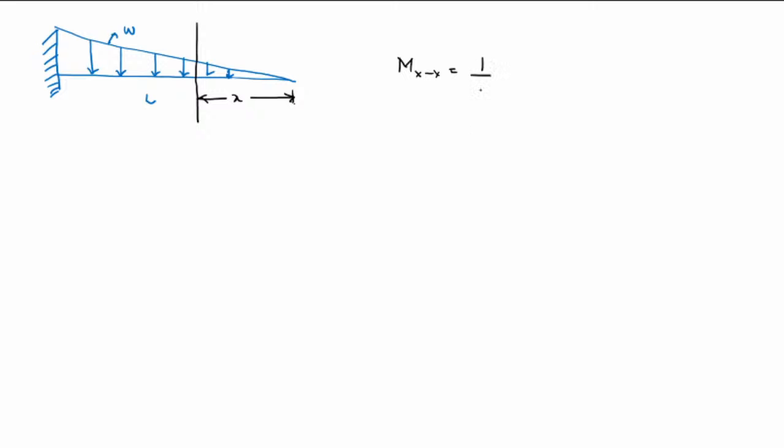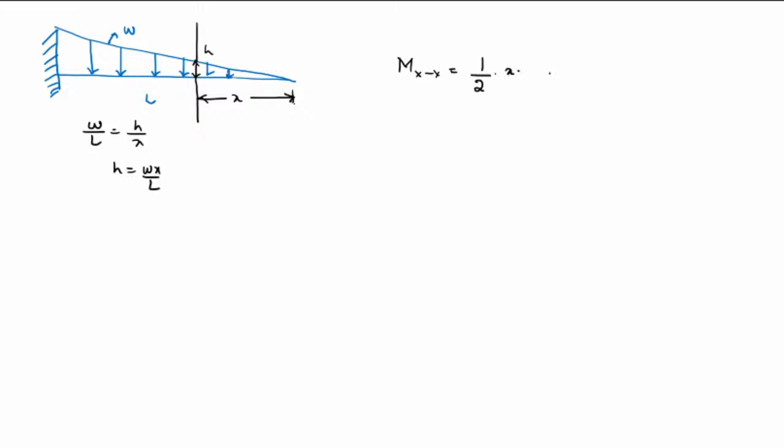That is, force will be half times base is X, and this height, by taking similar triangles, W by L is equal to, say this height as H by X. So H is equal to WX by L.